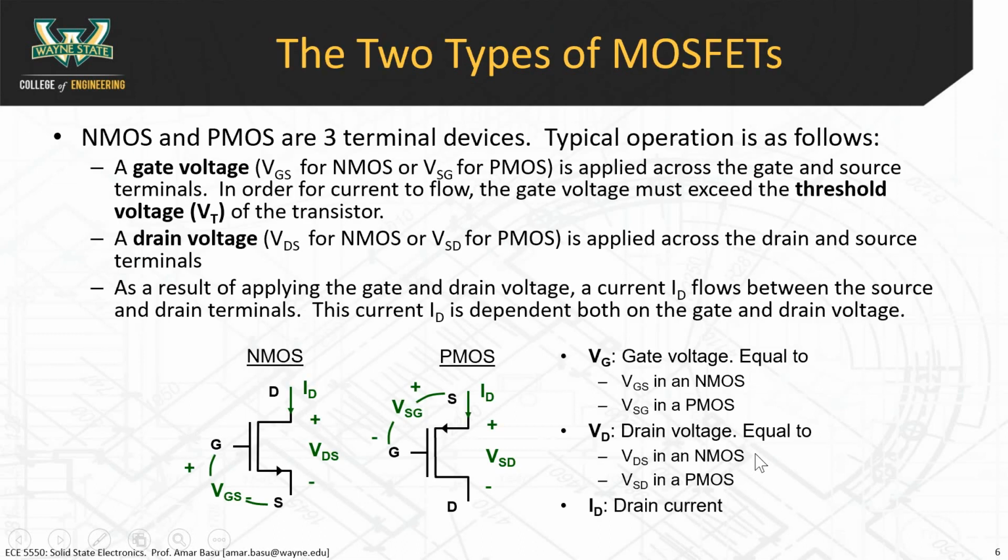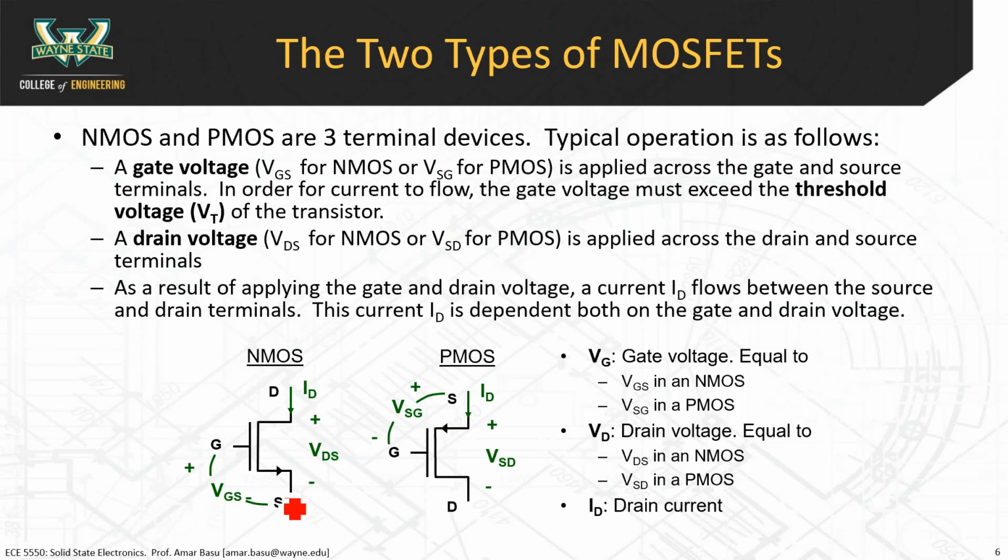So let's first talk about the 2 types of devices. There's the NMOS device and the PMOS device. And the symbols for these are shown at the bottom here. All right, so here's how these typical devices work. You apply a gate voltage between the gate and the source.